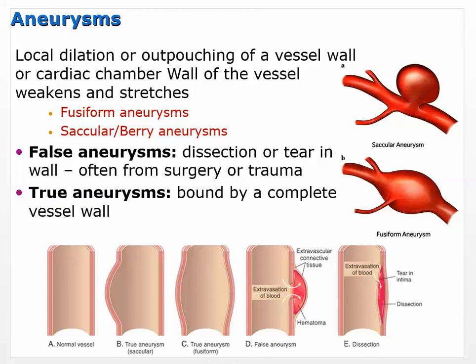So what is an aneurysm? An aneurysm is a local dilation or outpouching of a vessel wall. Here's a vessel. This bubble is not supposed to be here, but it's kind of blown a bubble out of the side of it. It hasn't ruptured, and a ruptured aneurysm is what causes damage.